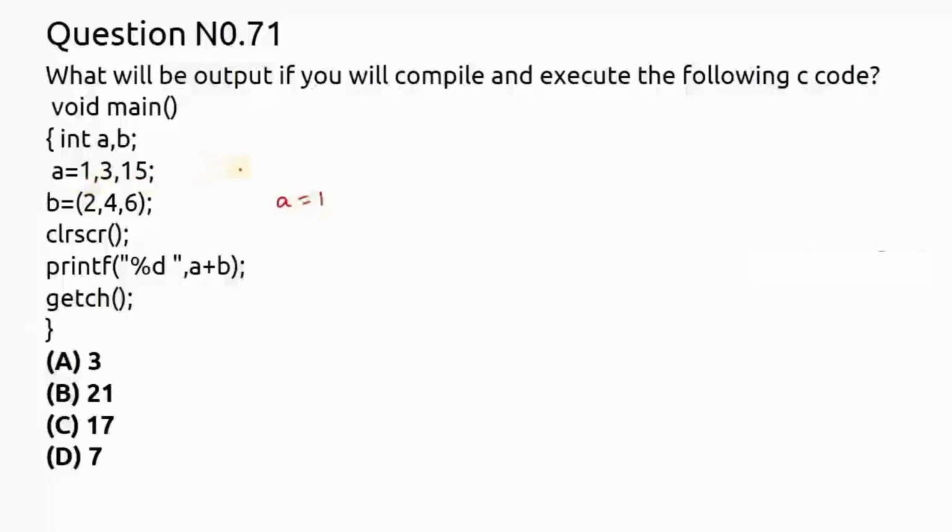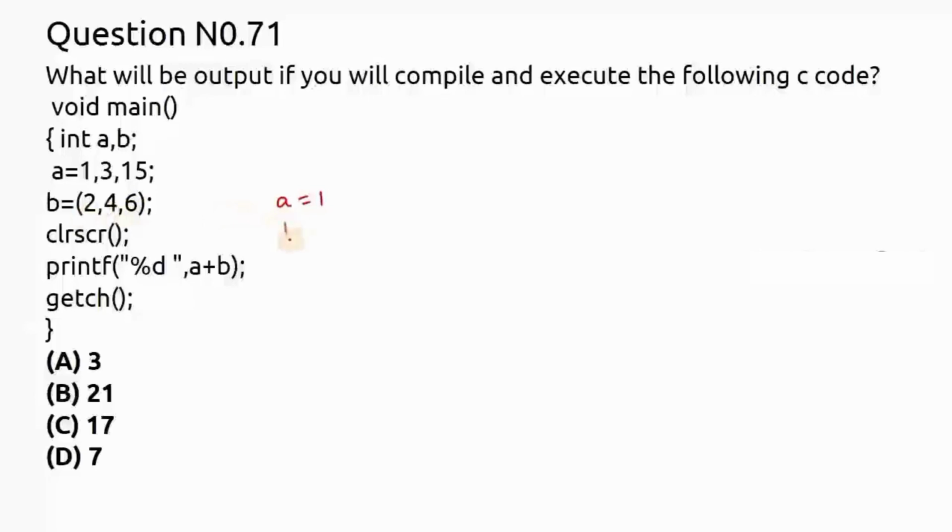Even if you write any number of values, whatever the first value, only that will be taken to a. Then what about this b? So b equals 2 comma 4 comma 6. Of course, if you don't write these braces, b value will be taken as 2, but if you write braces, it will take the last value. Even if you write any number of values, the last value will be taken here.